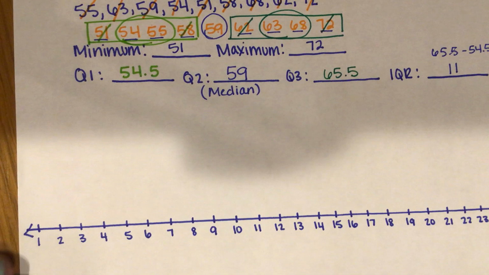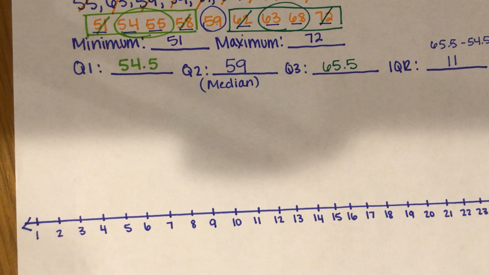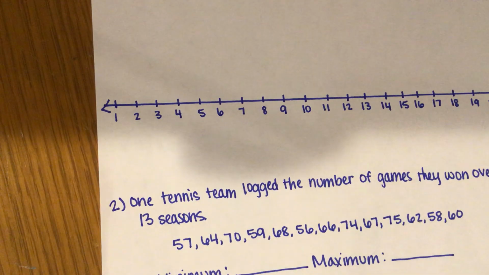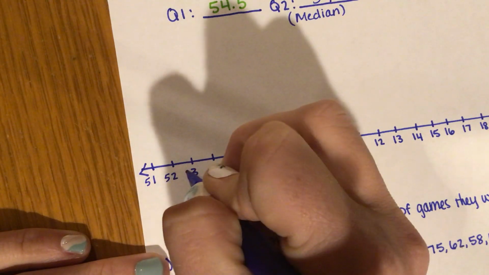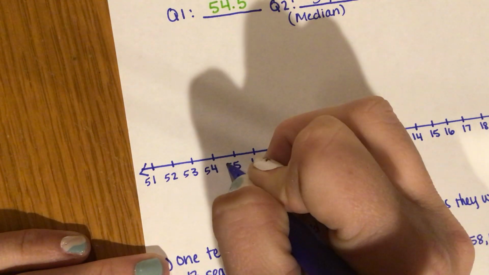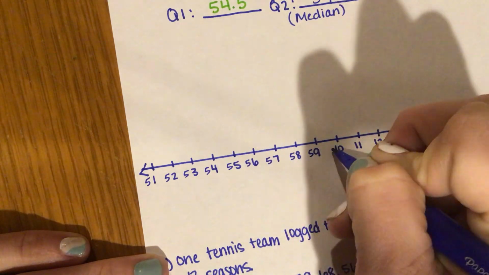Okay, now I'm going to graph all my points. So, my minimum value, I labeled my graph wrong. Okay, we're going to try this. 51, 52, 53, 54, 55, 56, 57.